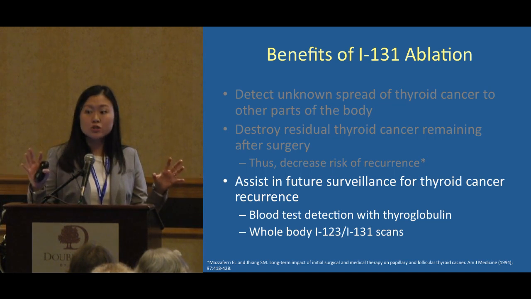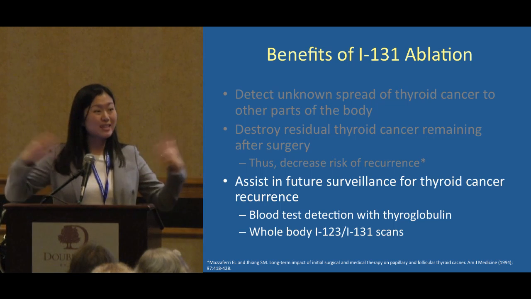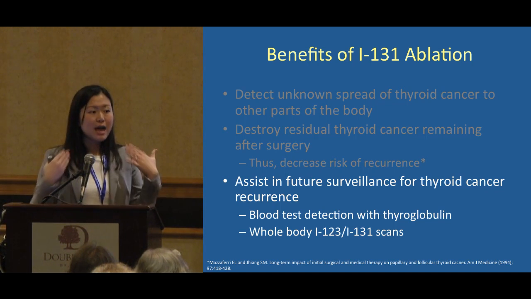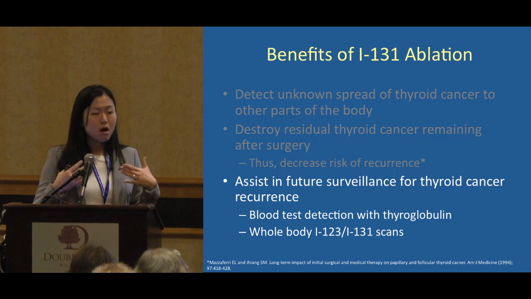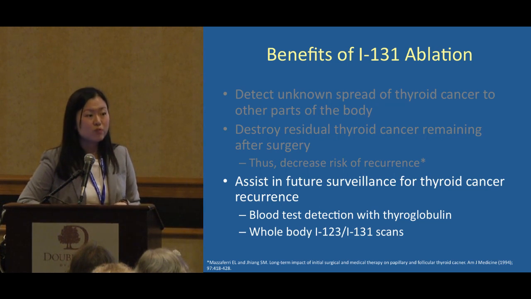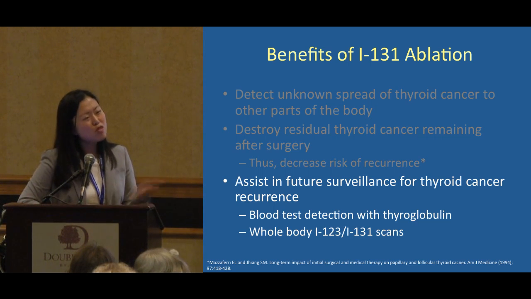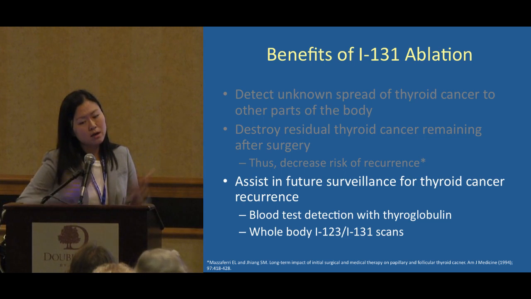The idea is that cancer cells are more metabolically active than your normal cells. And if you see abnormal spots on the body when you do an FDG PET scan, that can help also detect recurrence of cancer. So those are some of the strategies that you use when thyroglobulin unfortunately becomes no longer helpful in establishing recurrence of thyroid cancer.